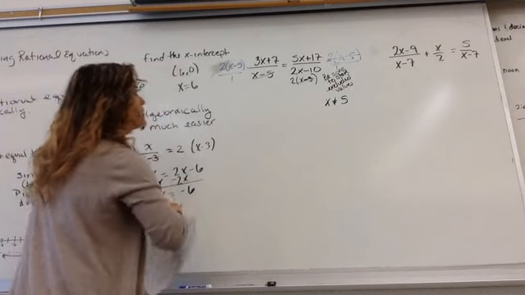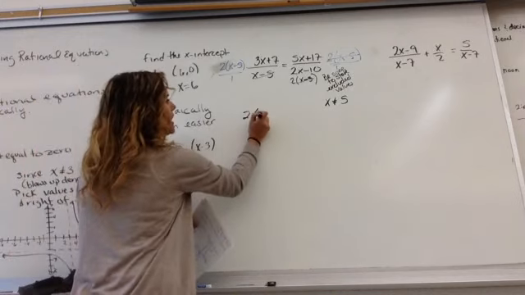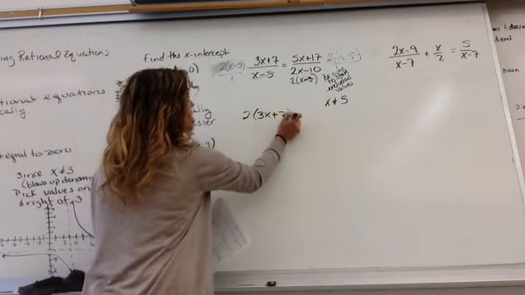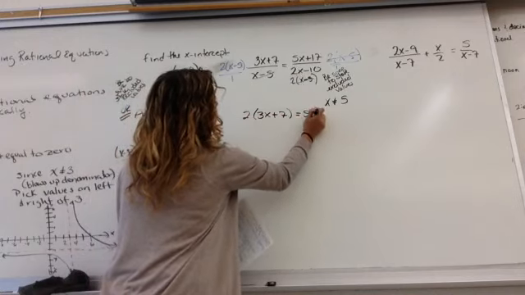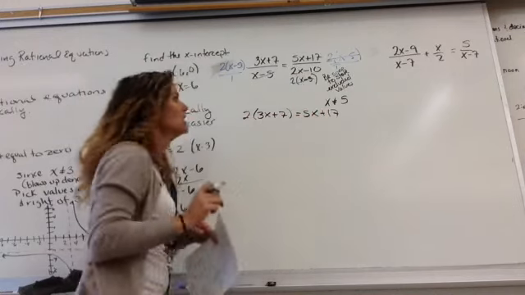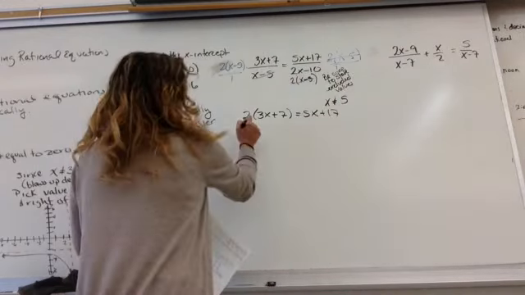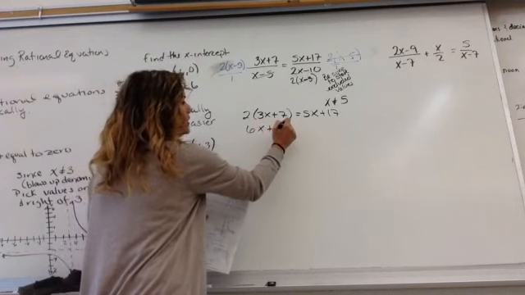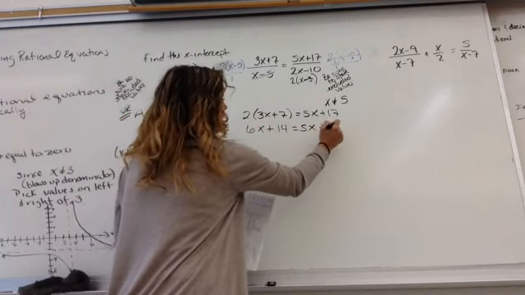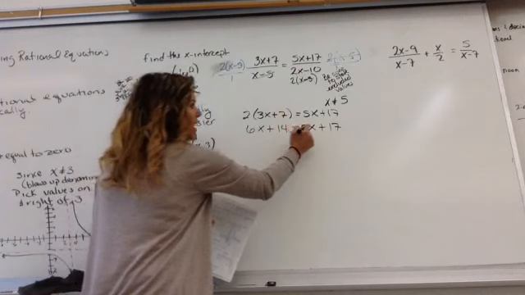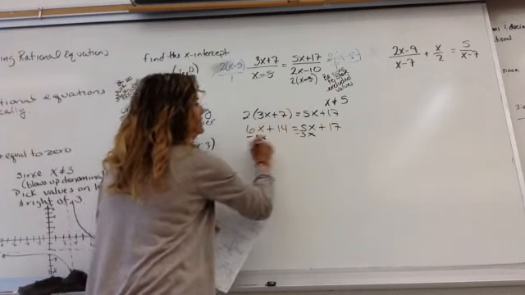In the process, what I end up with is 2 times 3x plus 7 equals 5x plus 17. Distribute that 2, and we get 6x plus 14 equals 5x plus 17. Subtract your 5x from both sides.